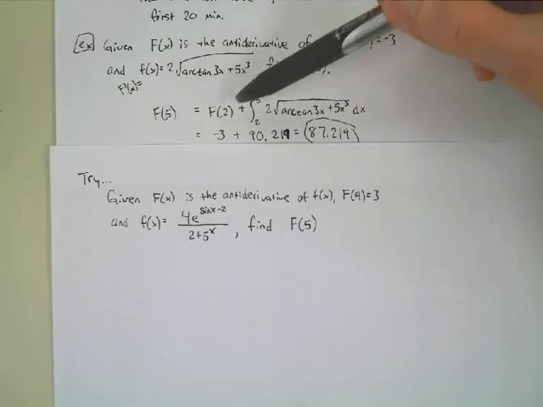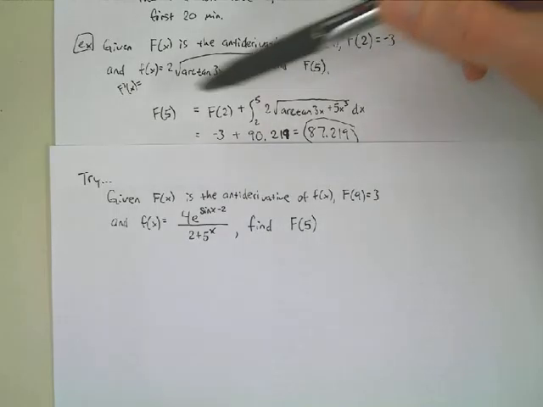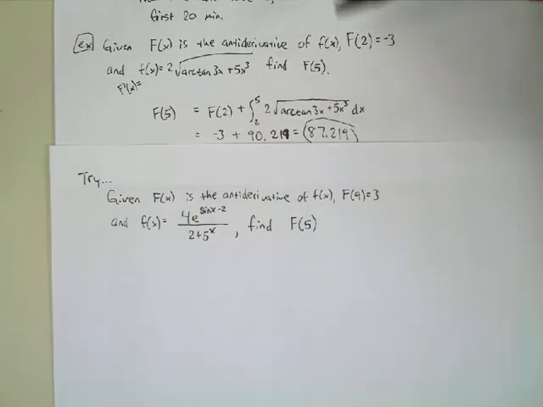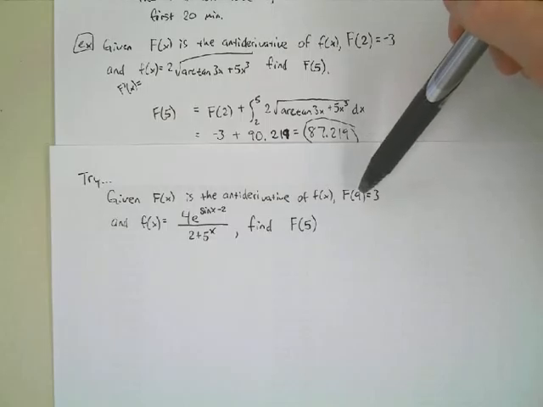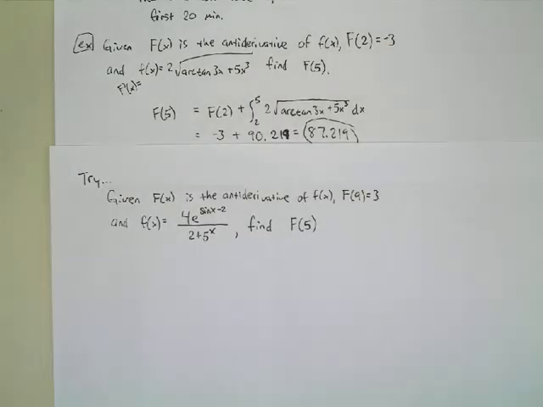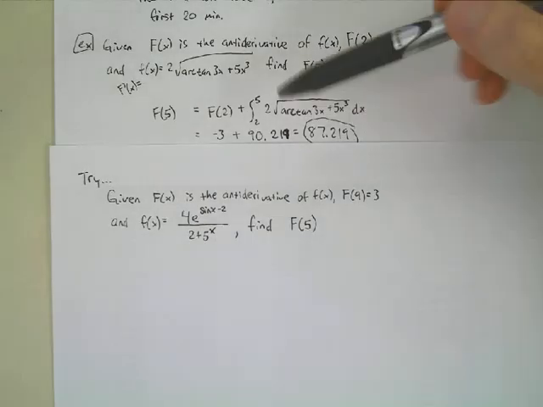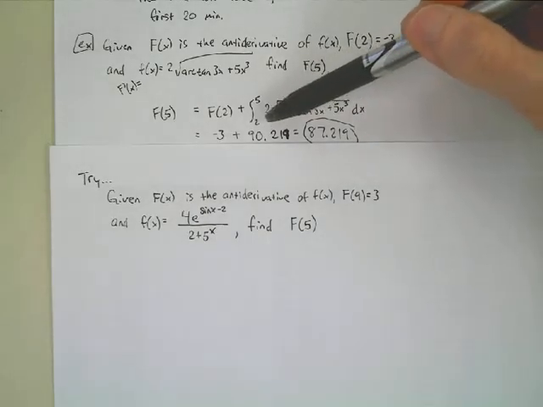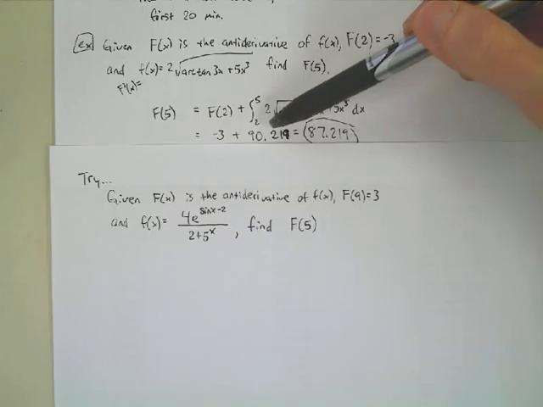Here, where are we starting? At capital F of what? 9, and we want to go to what? Capital F of 5, kind of like going backwards, right? So our limits of integration should be from what to what? 9 to 5. That's right. So keep that in mind.